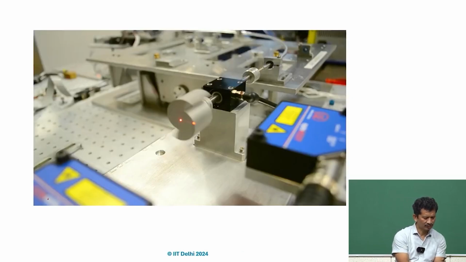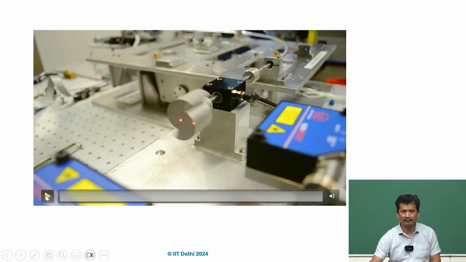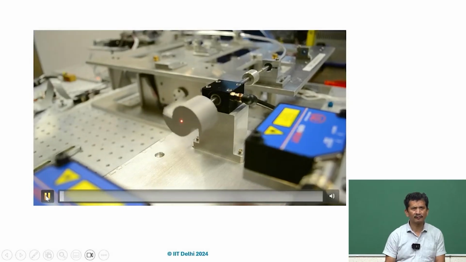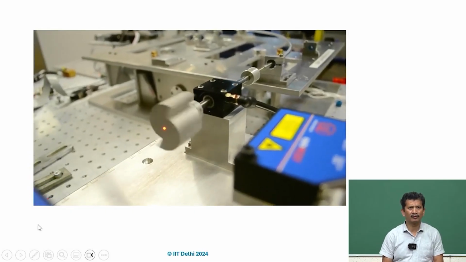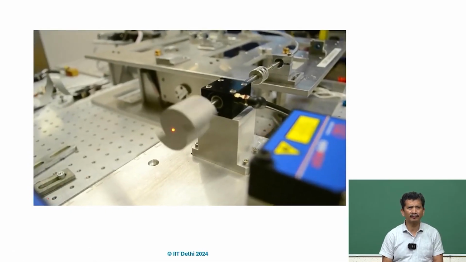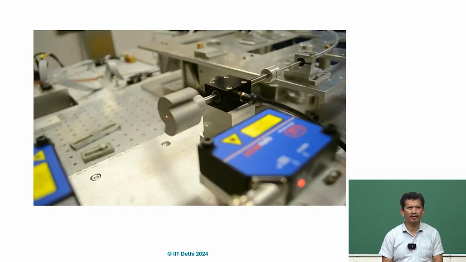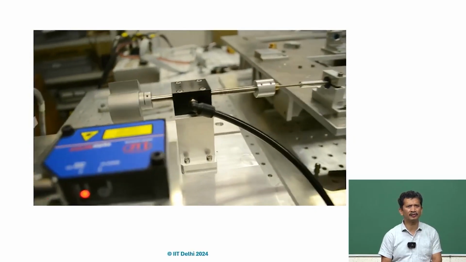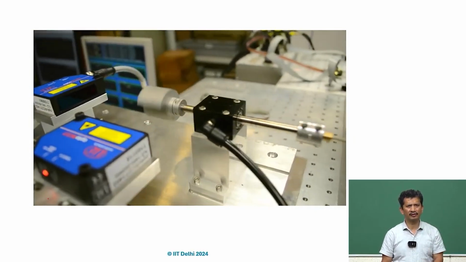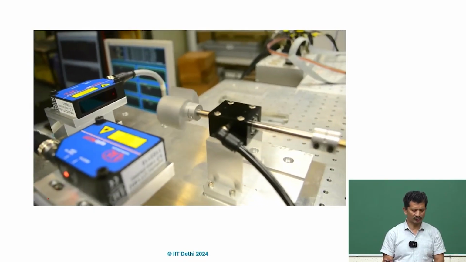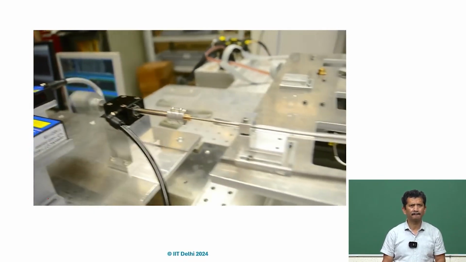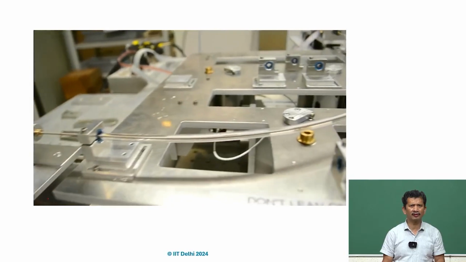This is a small video we have here. What you see here is a cam, and we are using 2 laser displacement sensors, so it can measure the travel as well as the rotation. It is supported on air bearings, and it is a glass tube.